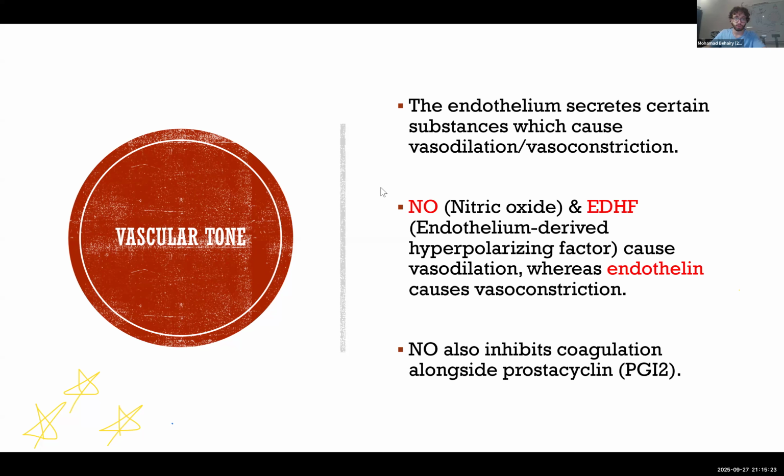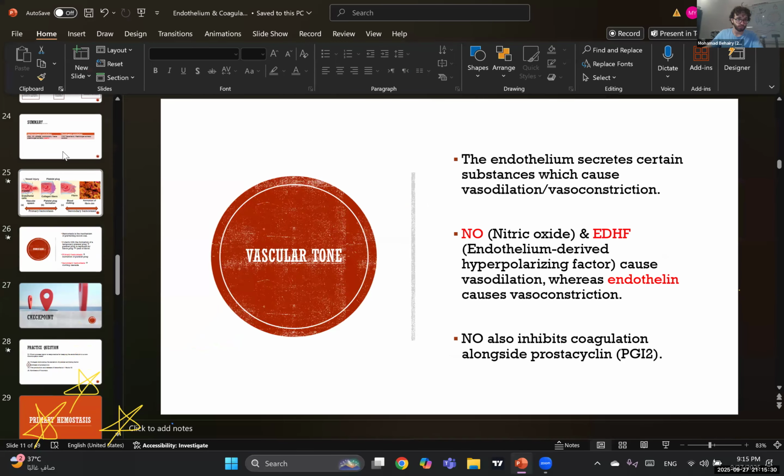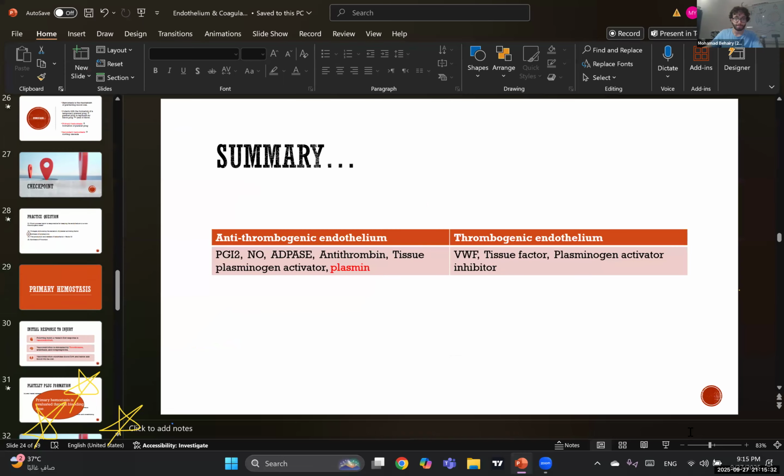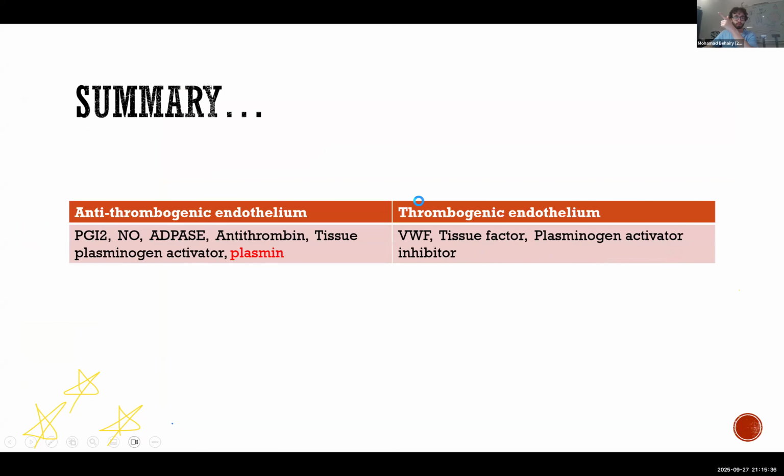Okay, procoagulation and anticoagulation. We're going to go to this. I made it in a table for you guys so you can memorize them at once. Antithrombogenic and thrombogenic. Antithrombogenic means we don't want clotting and we don't want coagulation. Thrombogenic means we want coagulation, we want clotting. We want clotting when there is an injury. When there is an injury, the von Willebrand factor will be exposed.